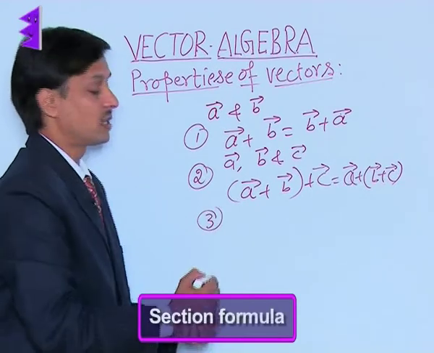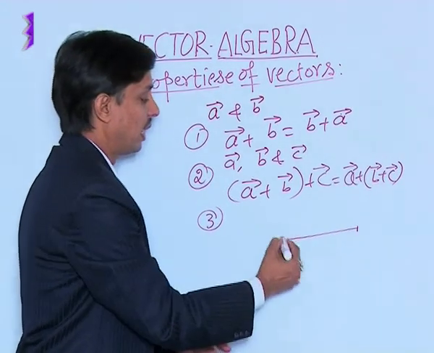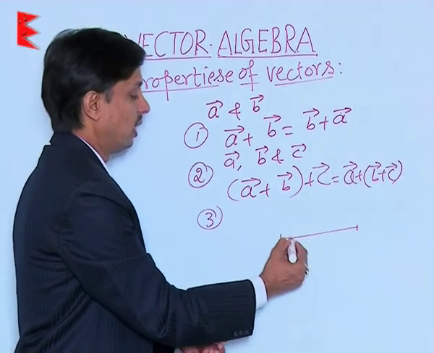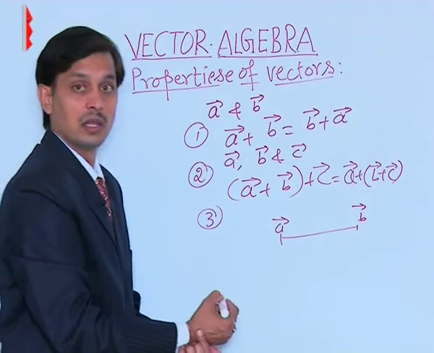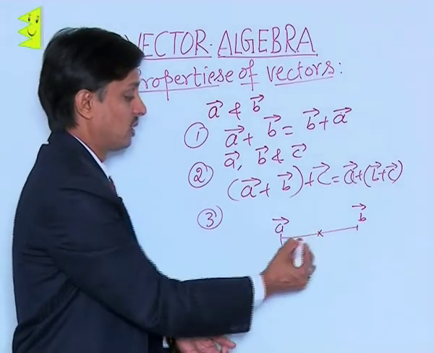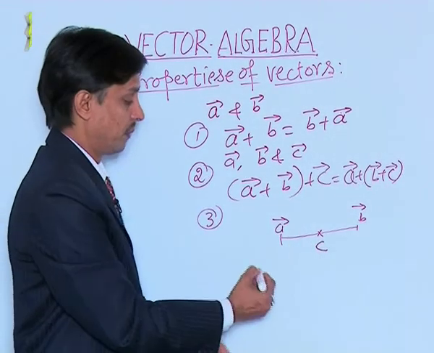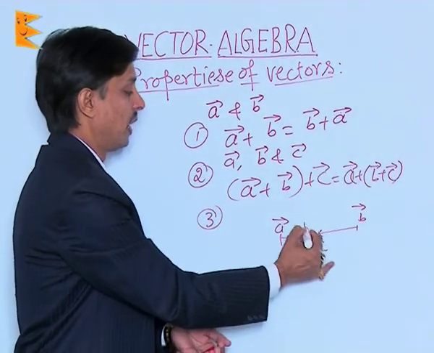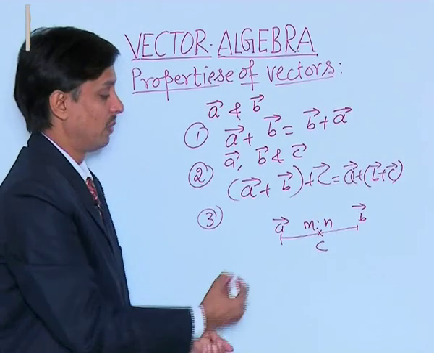Third is the section formula for vectors. If we have two vectors A and B, what is the position vector of the point which divides the line joining the two vectors in the ratio m:n?